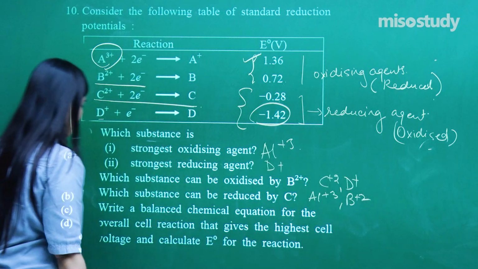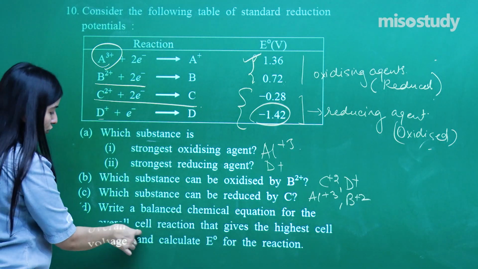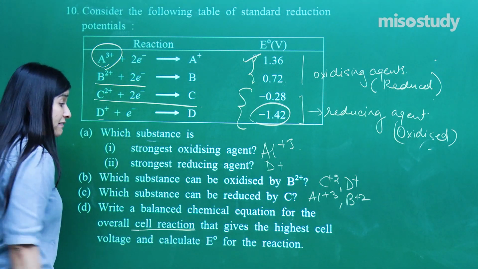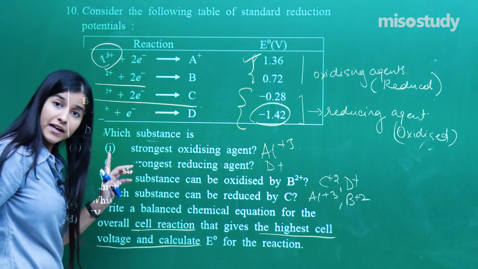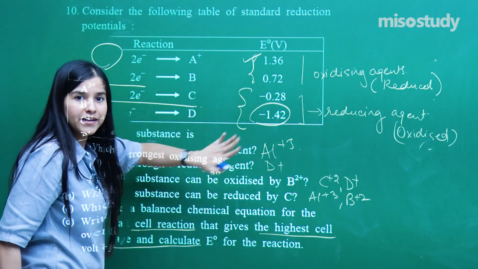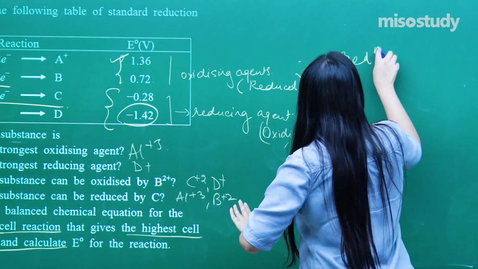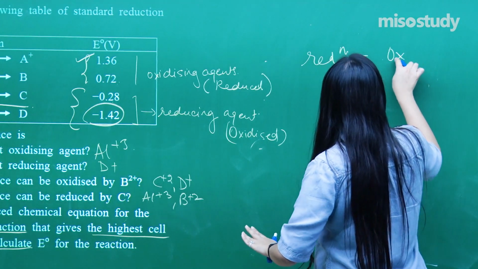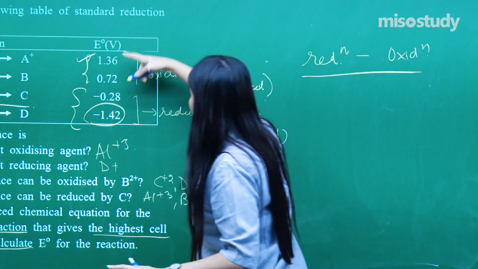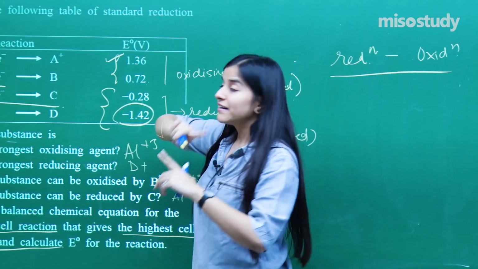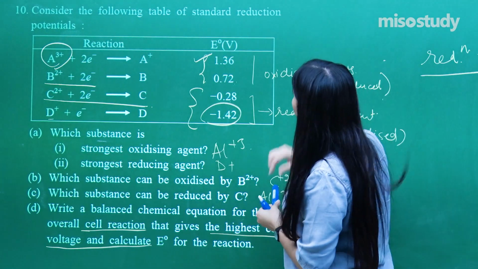Done? Okay. Write a balanced chemical equation. Now this is important, for an overall cell reaction that gives the highest cell voltage. How can I find out the highest cell voltage? For that, I need reduction process minus oxidation. We know this. And reduction minus oxidation must be such that I get the highest value. Fine. And in that case, what can you do?